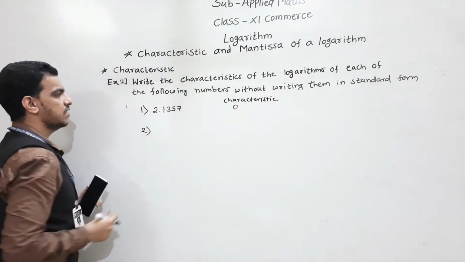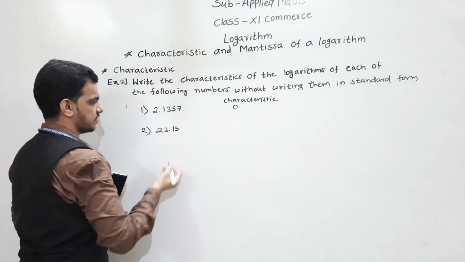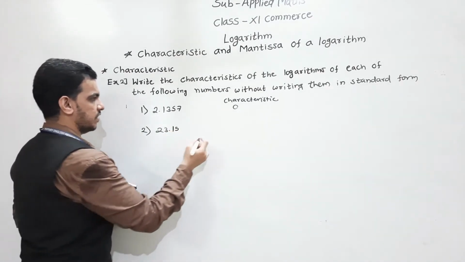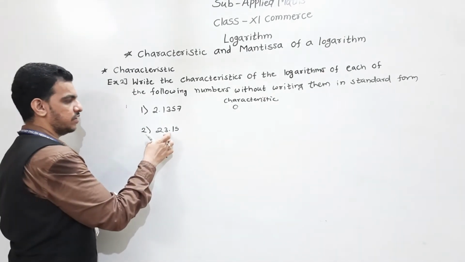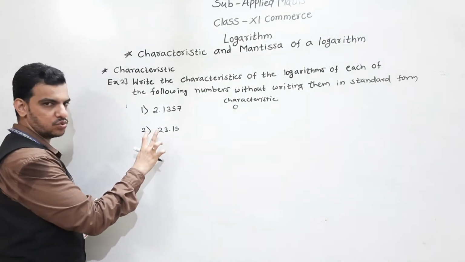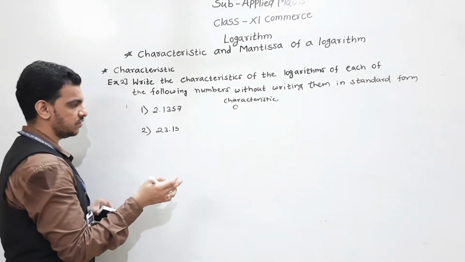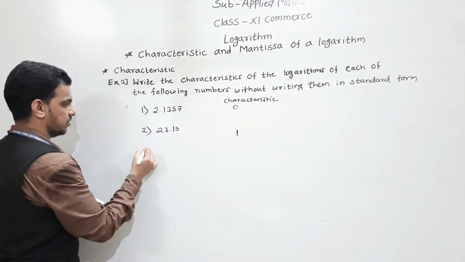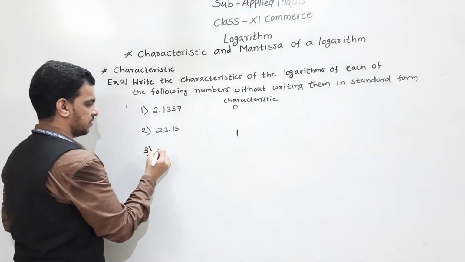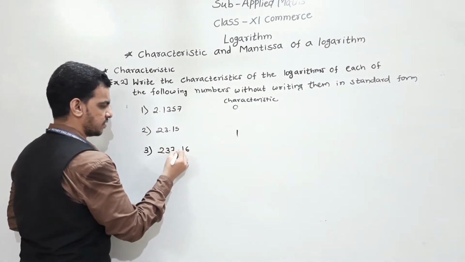Then second, suppose 23.15 is there. What is the characteristic of this number? Before the decimal point how many digits are there? 2. We subtract 1, so 2 minus 1 is 1. So the characteristic is 1. Then suppose it is 237.16.